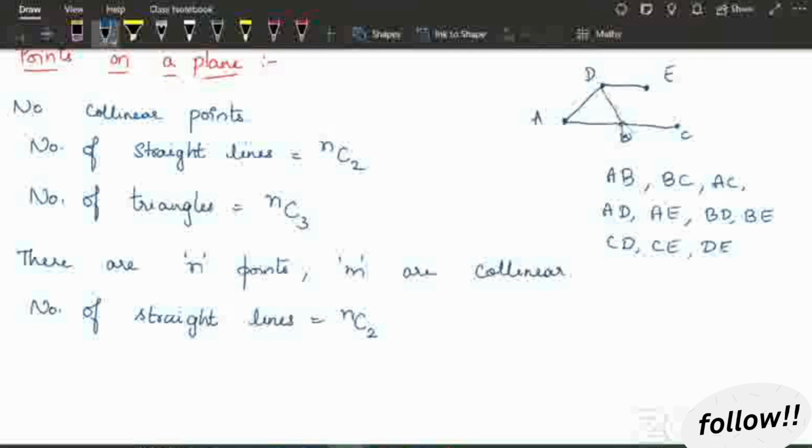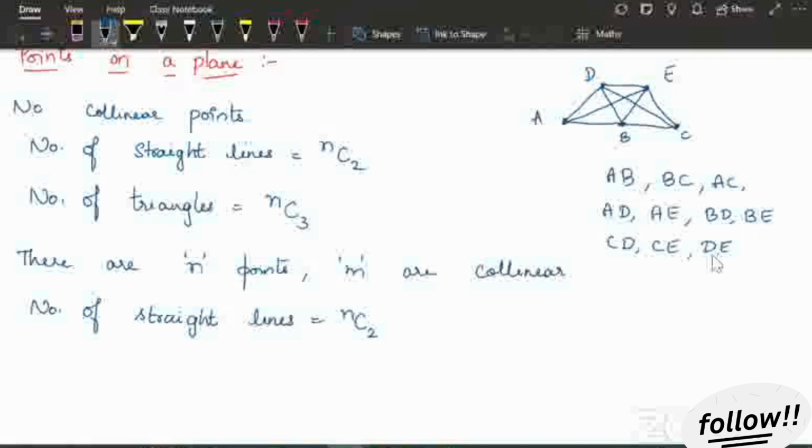So when I write nC2, it means there are totally 10 different combinations, right? 1, 2, 3, 4, 5, 6, 7, 8, 9, 10.